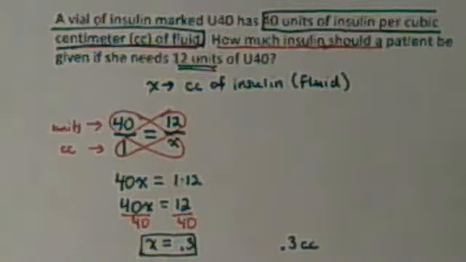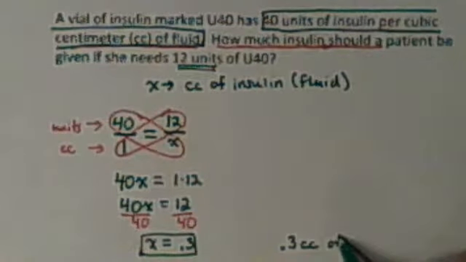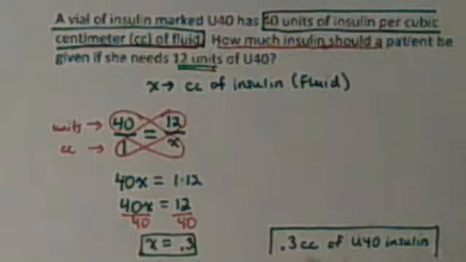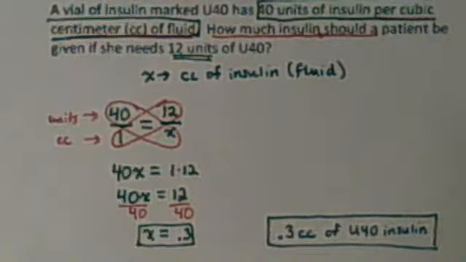If you were going to write this on the patient's chart, you might want to be more precise in saying that it's 0.3 cc's of U40 insulin, since there are different types. This might be a more complete way of answering this particular question.